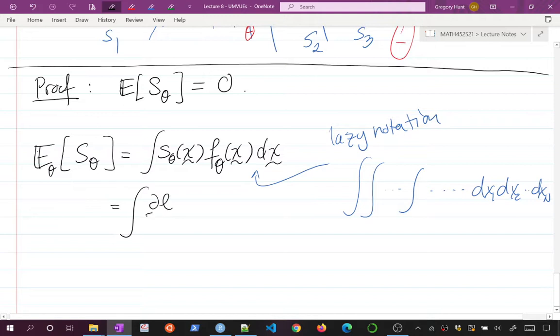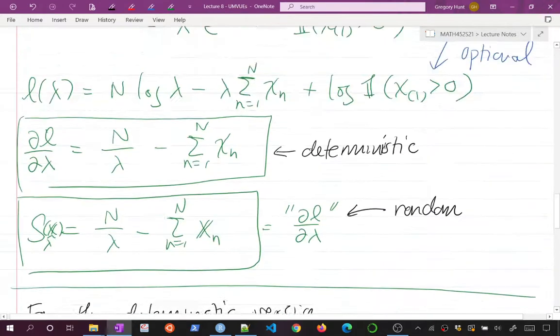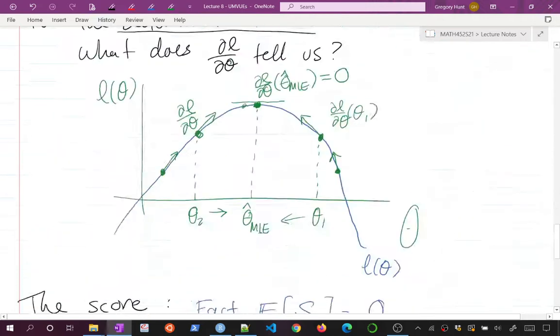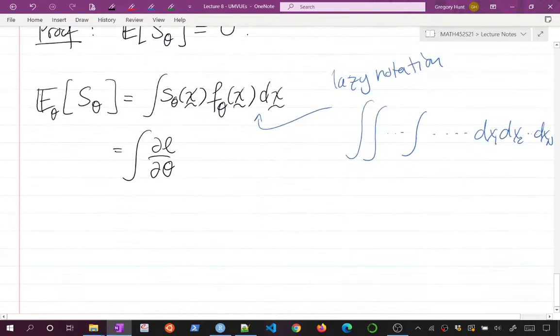This is exactly dl d theta, no fudging here. We go back up to our definition, except instead of the random, now we have our deterministic. This is just the derivative of the log of the PDF. So it's dl d theta, and we multiply against f theta of x, and we integrate.